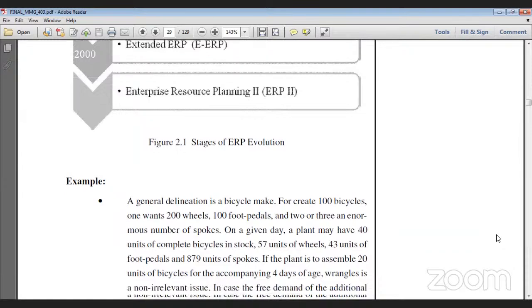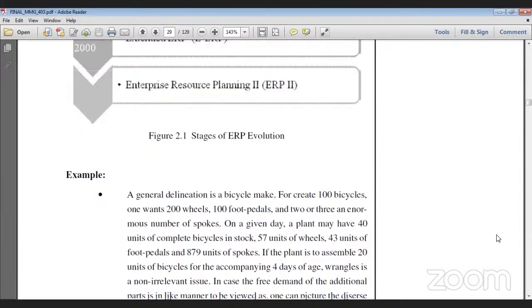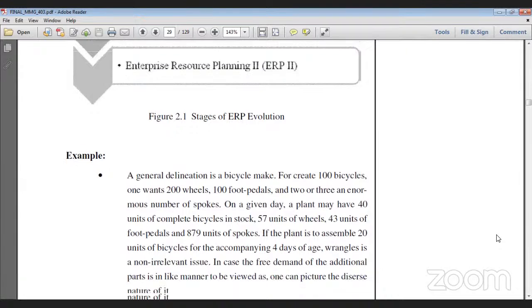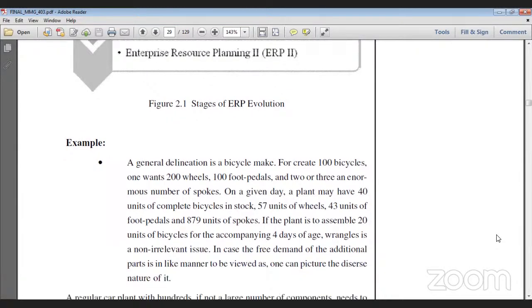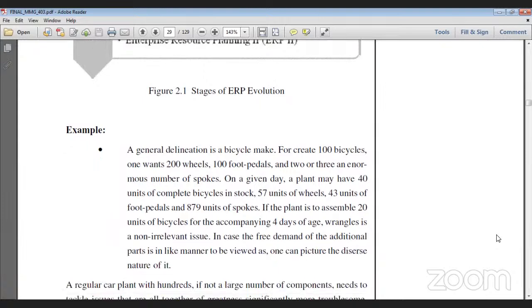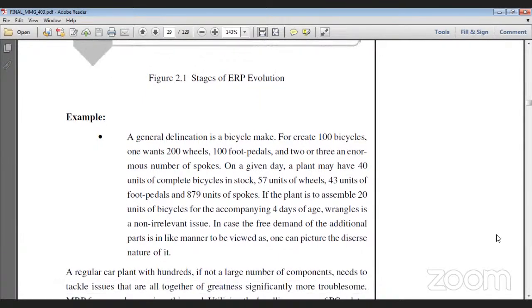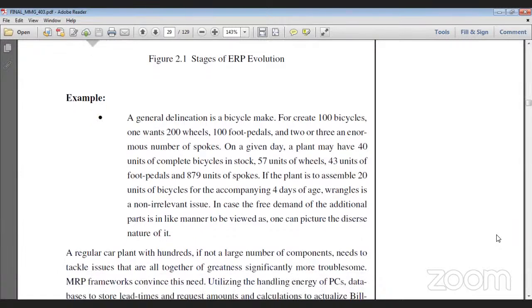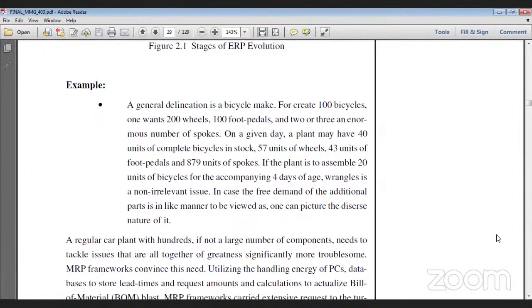If the plant is to assemble 20 units of bicycles for delivery in 4 days, the arithmetic is a non-trivial issue. If pre-ordering of additional parts is also to be considered, one can picture the complexity of it.